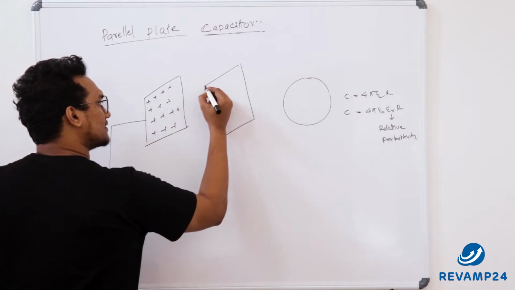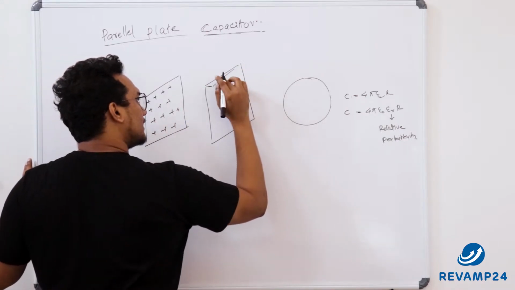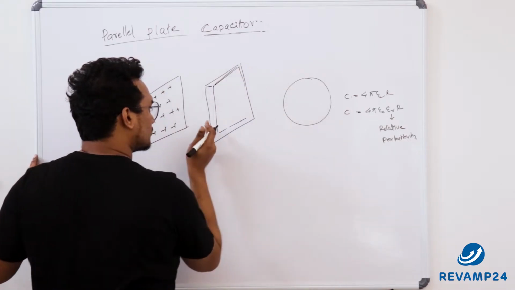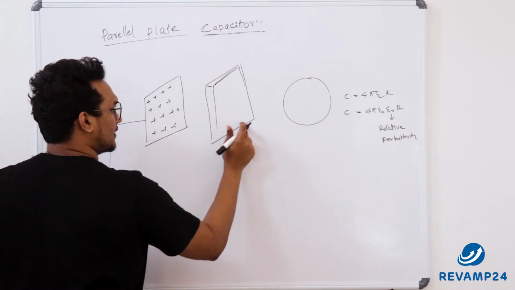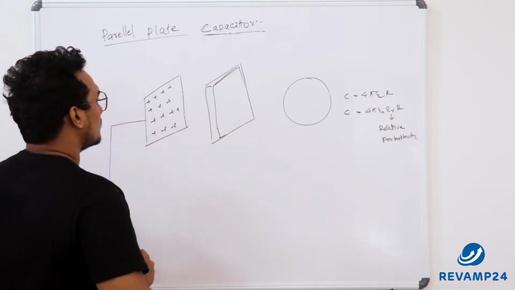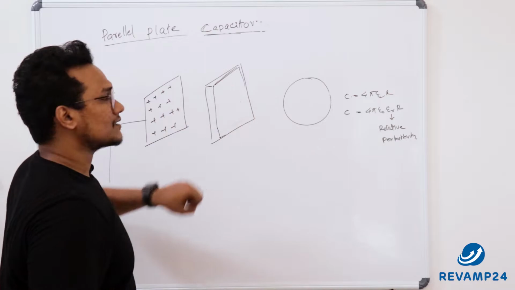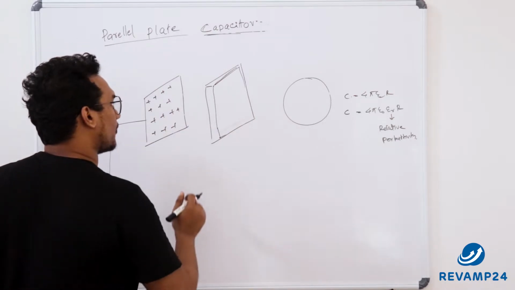Now when I am charging, this is a thick plate, right? It has two sides. Every plate will have two sides. One is this one and the other one is the other side. There will be polarization occurring on this metal. What will be the polarization?